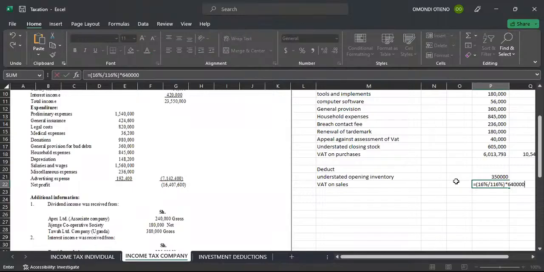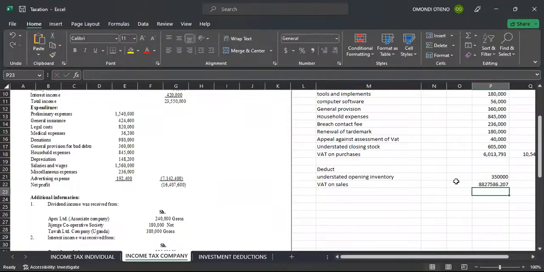When we do that, we get 275,827,586. That is the VAT which was exaggerated on sales, which should not be recognized as revenue. So that's why we are deducting it there.